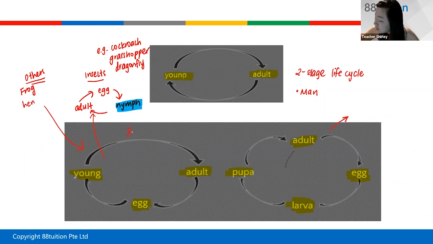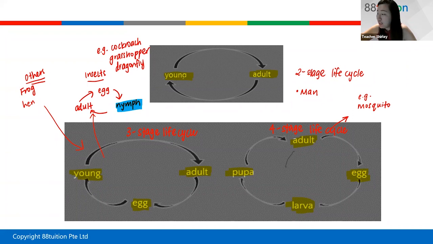So this one is what we call the 3-stage life cycle. Then we have our 4-stage life cycle, and that applies to animals like, for example, the one that is most hated, which is your mosquito.